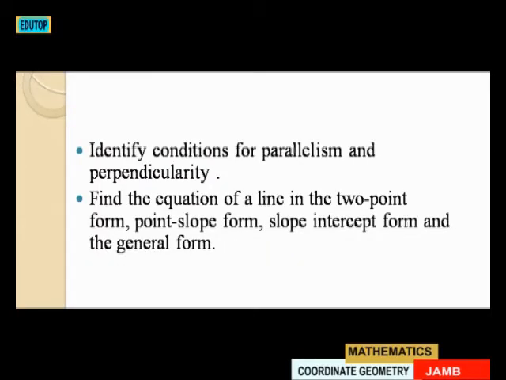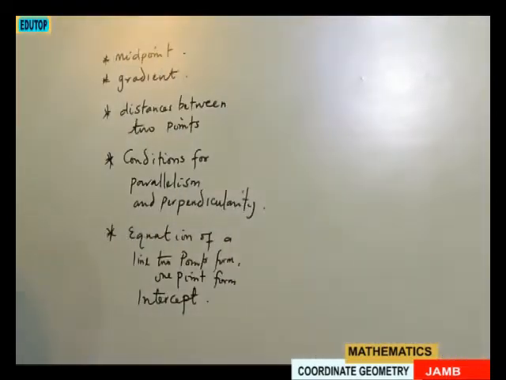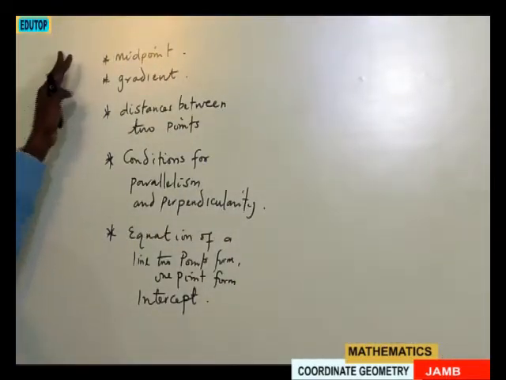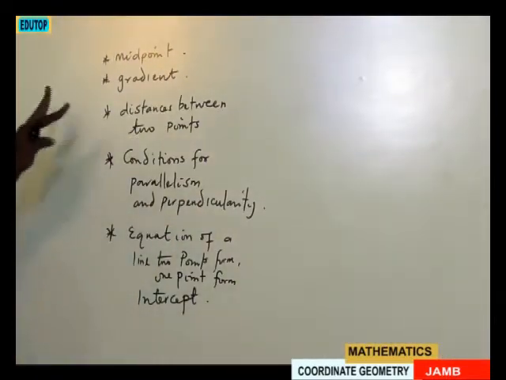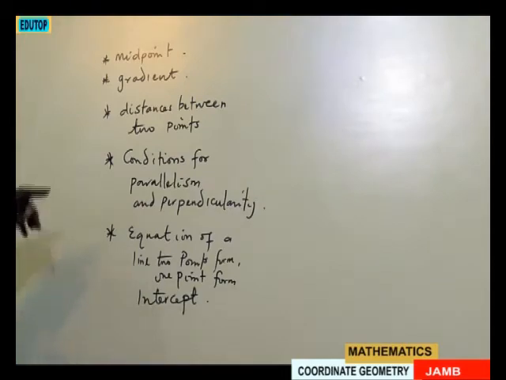Then identify conditions for parallelism and perpendicularity. Find the equation of a line from 2 points. So these are the summary of what the candidates ought to know as far as this topic is concerned. So let's take them one by one.